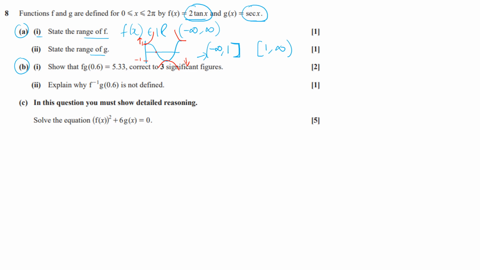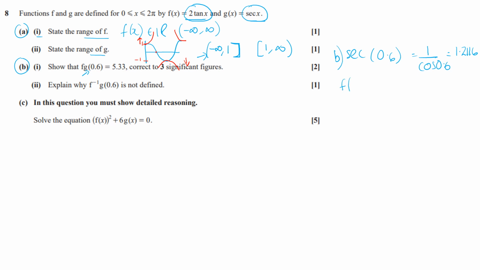Right, in part B, show that fg of 0.6 is 5.33. So we need to put it into g first. So sec of 0.6 is 1 over cos of 0.6, which comes out to be 1.2116, and then we need to put that into f.